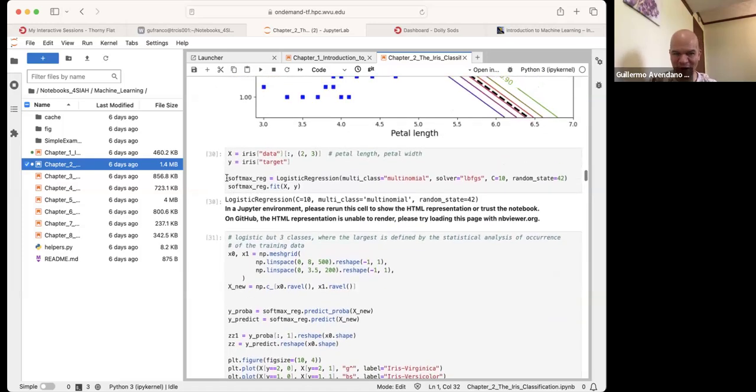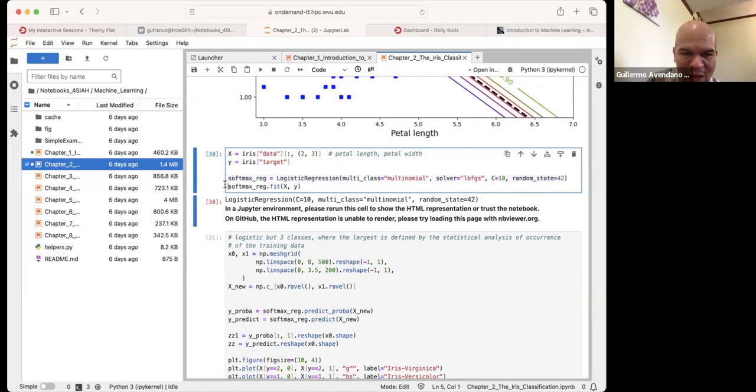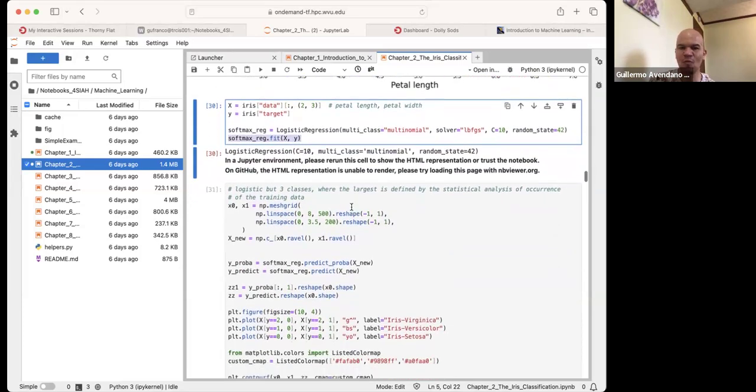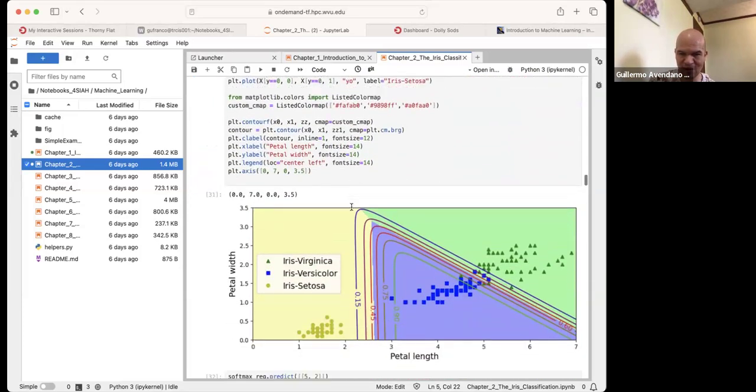In this case, we are using this model, a logistic regression. We register here all the values X. In this case, we have 2 columns. Remember, we are selecting just column number 2 and column number 3, so the 2 final columns, and the target here. And we will be doing the classification.